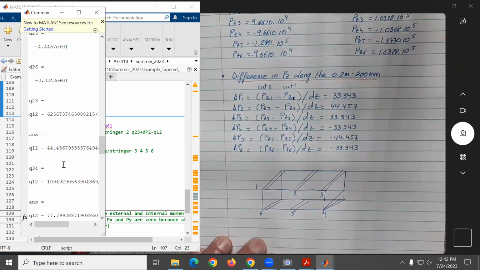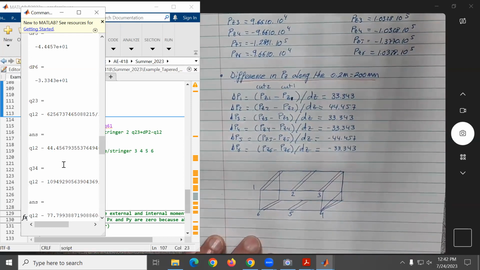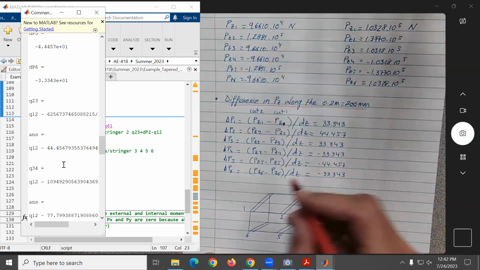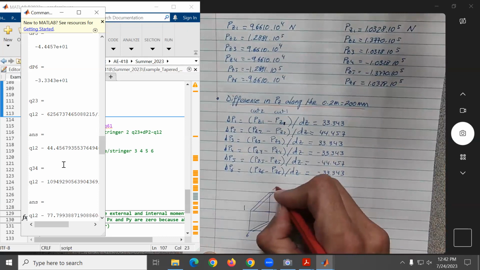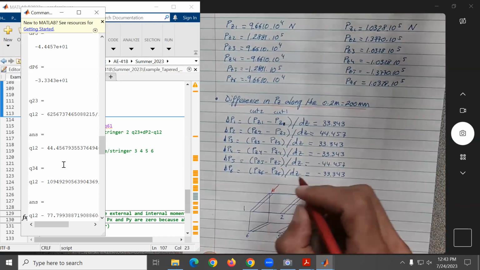The other thing I'm trying to say is, what is really happening? What is this 33.3? This 33.3 here indicates what? That this will be here.